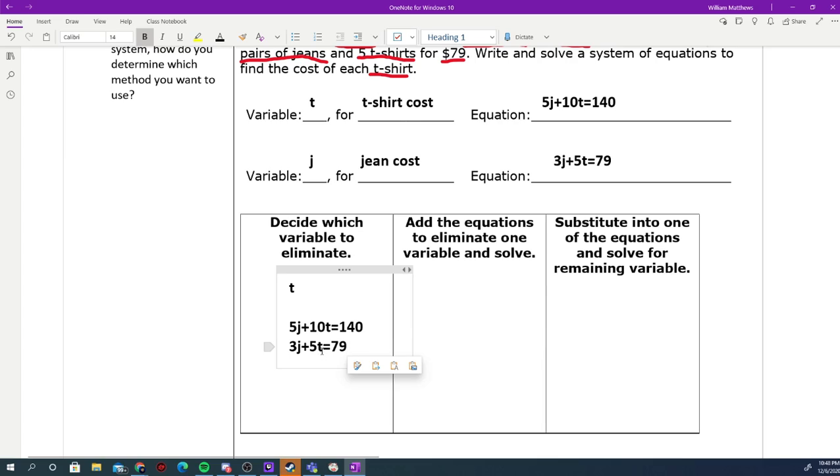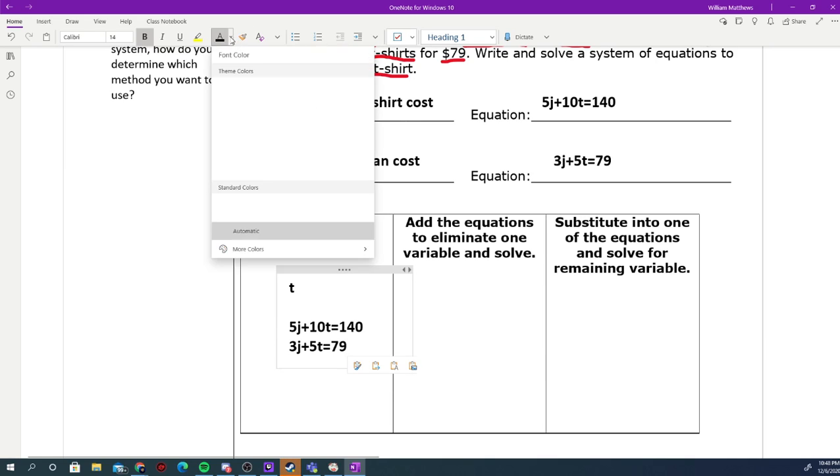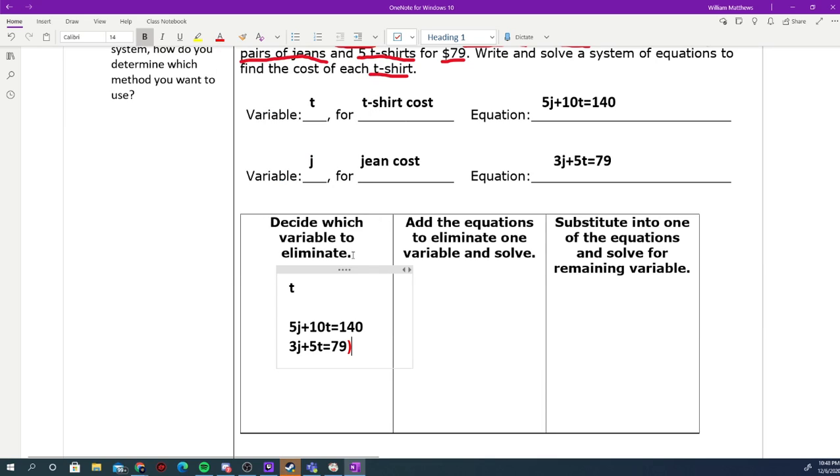Now, not only do I want them to be the least common multiple, just to make my job easier, but I also want them to be opposite. So if I were to multiply this with the intention of getting negative 10, I would need to multiply by negative 2.